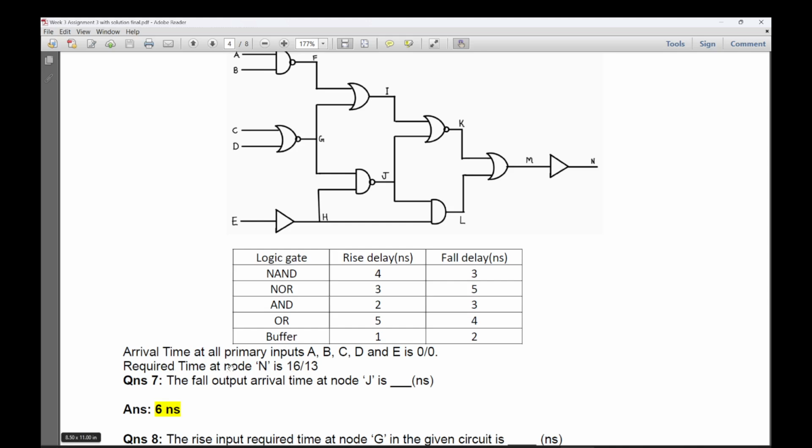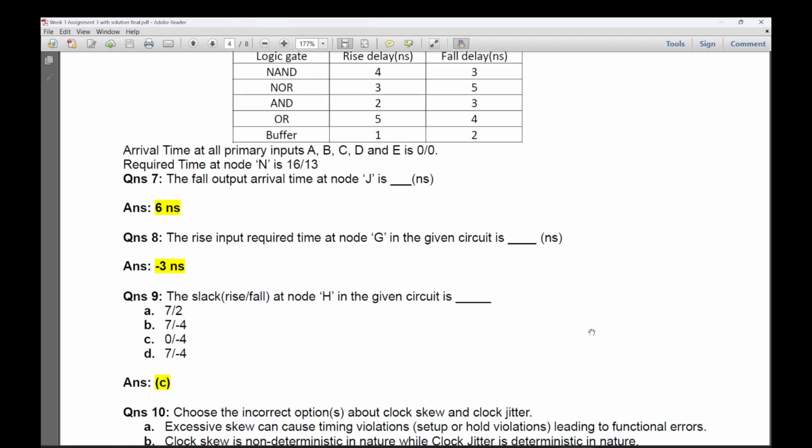Then we have given arrival time at the primary inputs A, B, C, D as 0 by 0, and the required time at the primary output node is 16 by 13. So we want to find the arrival time at node J.